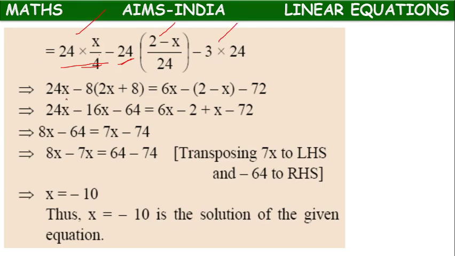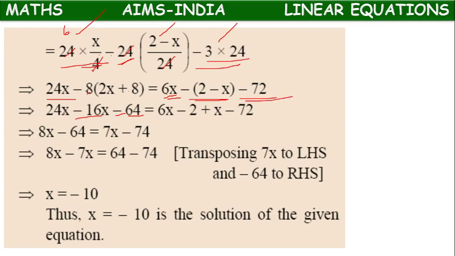RHS: so 24x, 8 into 2x is minus 16x, minus into plus, minus 8 into 8 is 64. Here 4 6s are 24, 6x. Here 24, 24 cancel. Minus of 2 minus x, 3 into 24 is minus 72.